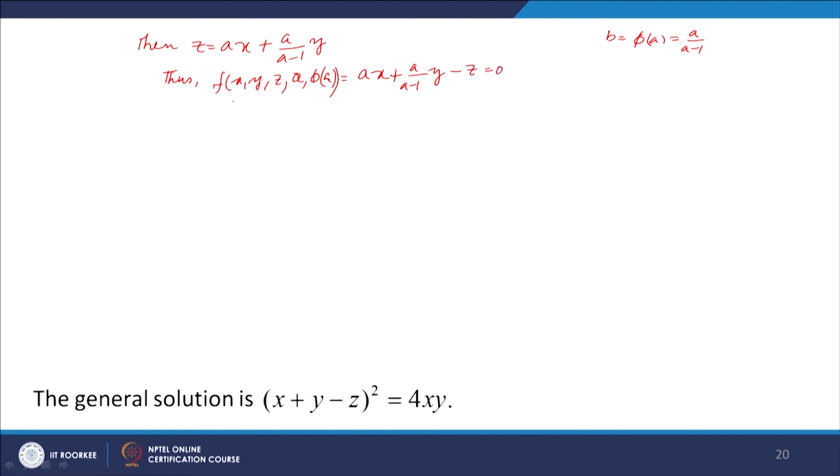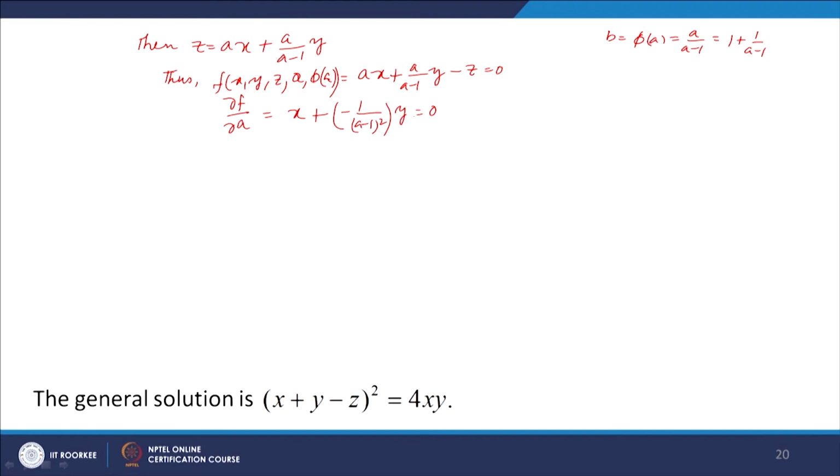Let us now determine the partial derivative of f with respect to a, and we get x, and a over a minus 1 can be written as 1 plus 1 upon a minus 1. When we differentiate a over a minus 1 with respect to a, what I will get is minus 1 upon a minus 1 whole square into y equal to 0.